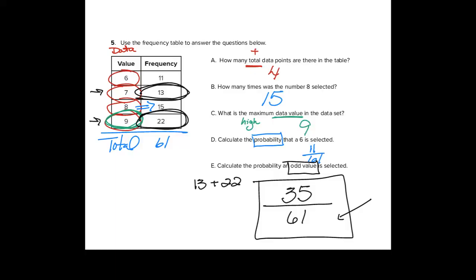What would be the probability of getting a 6? What would be the theoretical probability? Theoretical probability of getting a 6. I know that's not up there, but what would it be in theory?